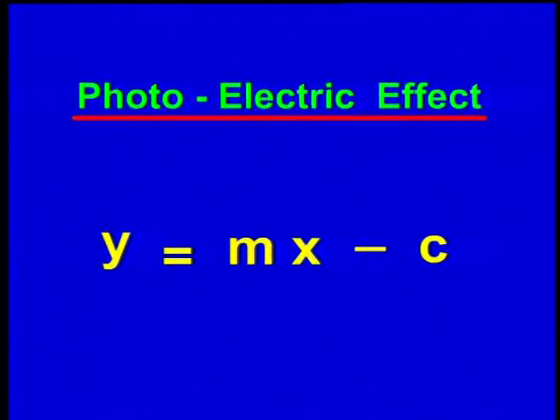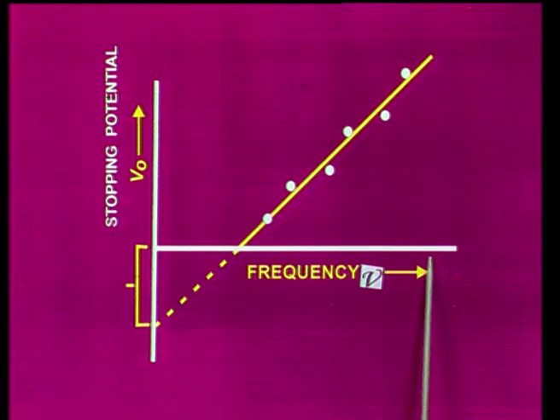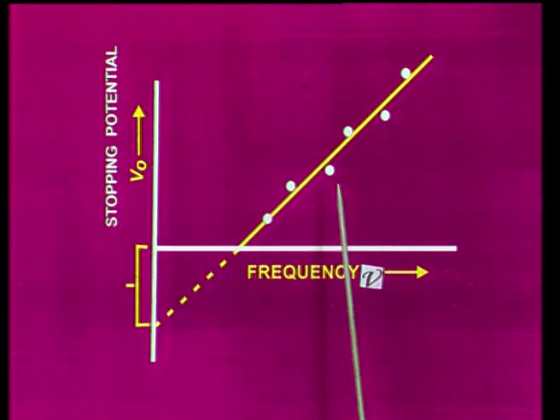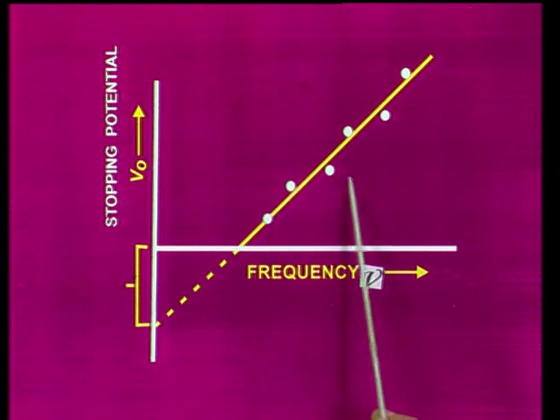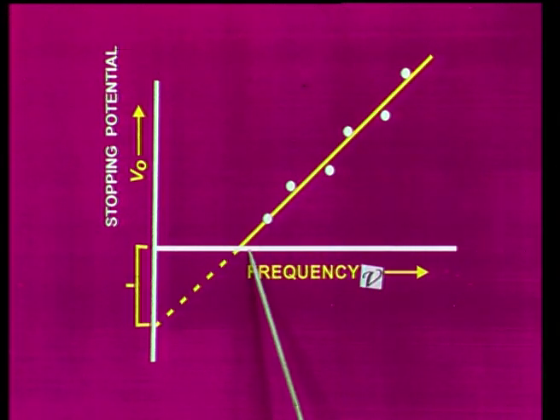We can compare this with the standard equation of a straight line, y is equal to mx minus c, where m is the slope. The slope m is equal to h by e. Once we plot this curve, the slope of the curve multiplied by the charge of the electron will give us Planck's constant h.